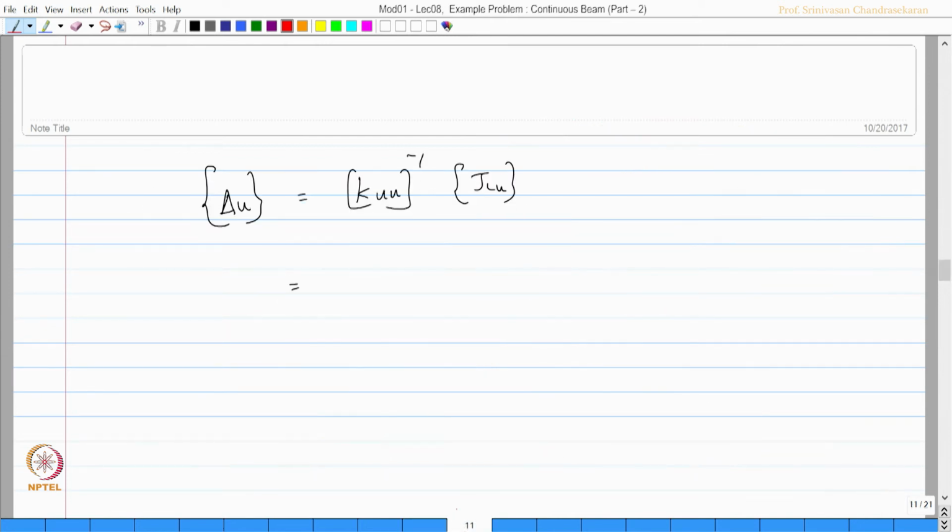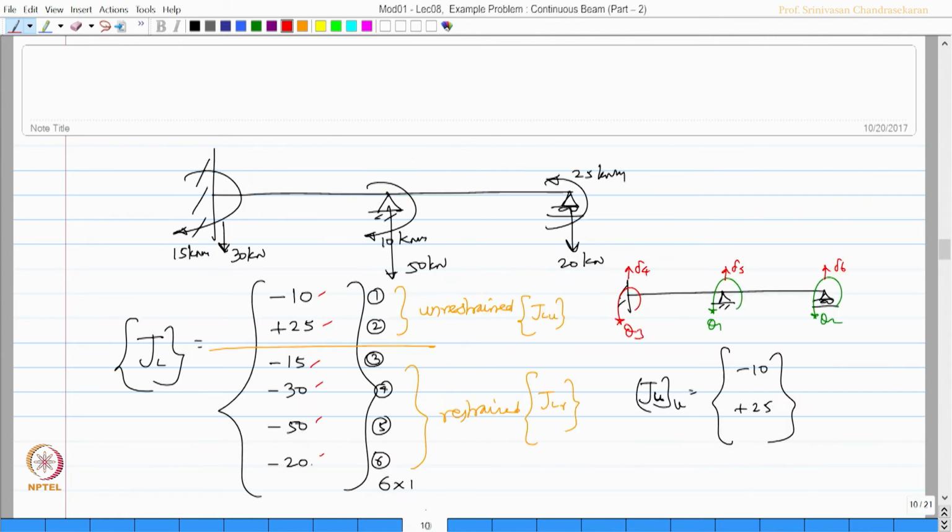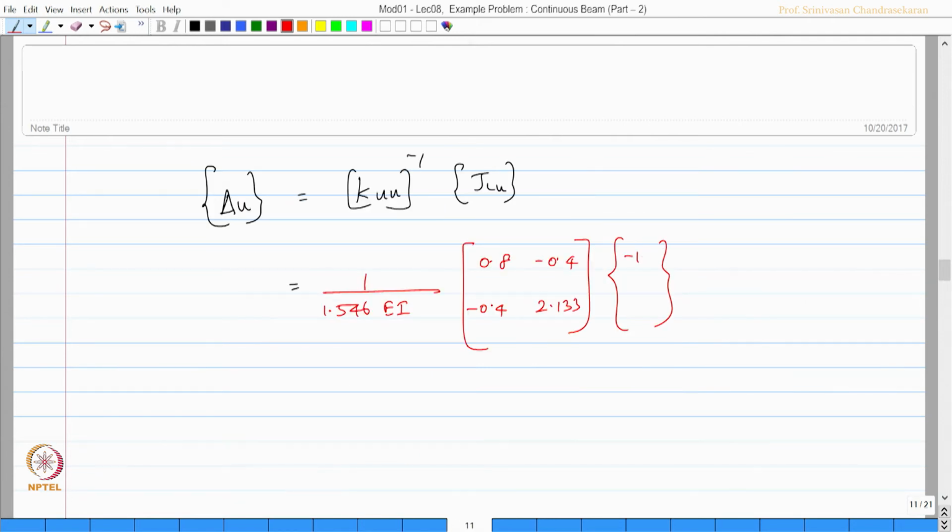I will just rewrite it there, which will be 1 by 1.546 EI, multiplied by the matrix 0.8, 0.4, minus 0.4 and 2.133, and this should be multiplied by the unrestrained joint load vector, which is minus 10 and plus 25.